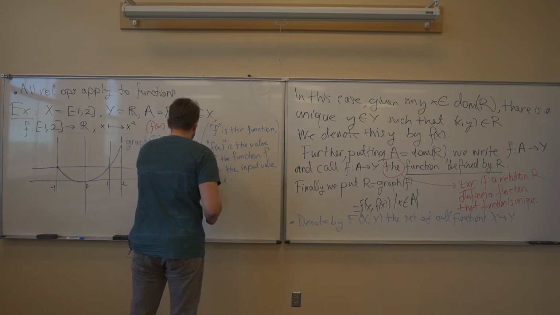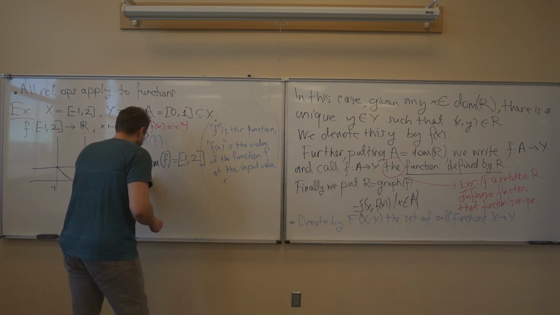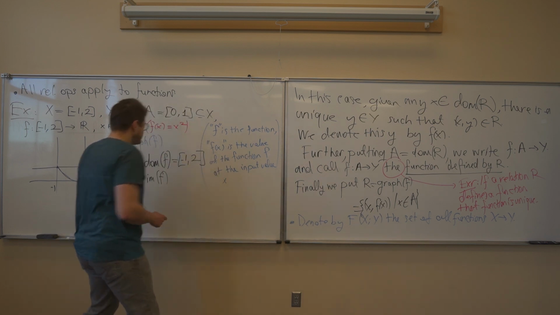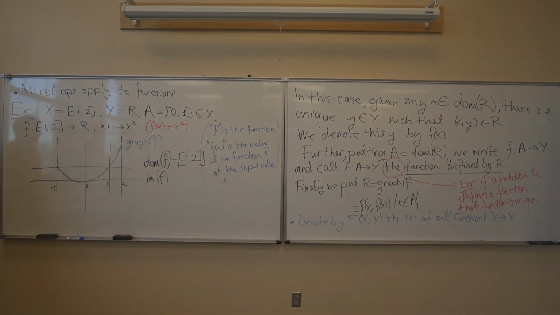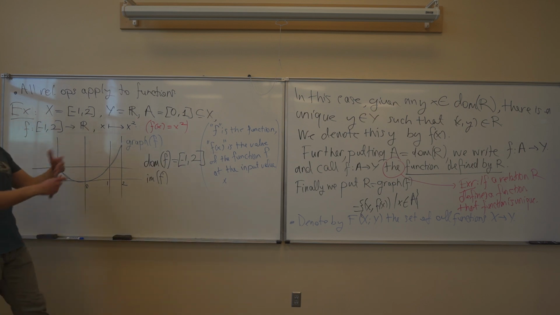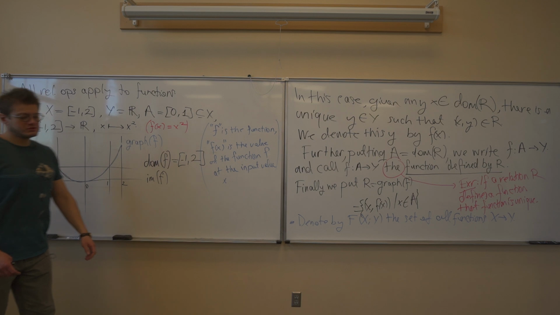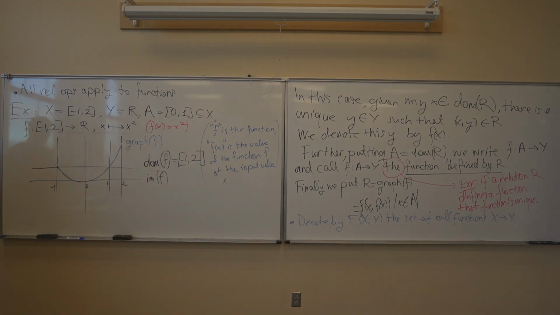How about the image? What is the image of f? So the image of a function or a relation, more generally, is the set of all those outputs, so vertical things, so the heights I'm looking at.